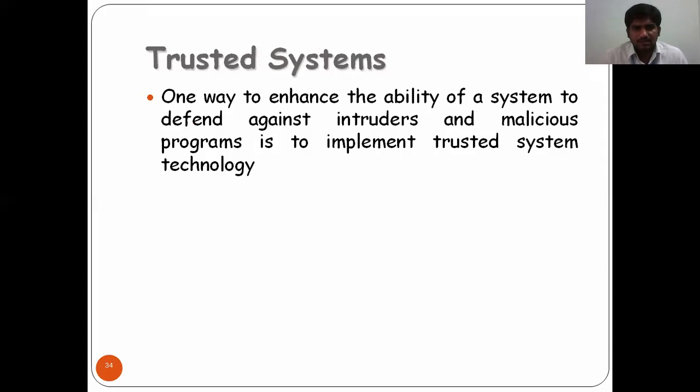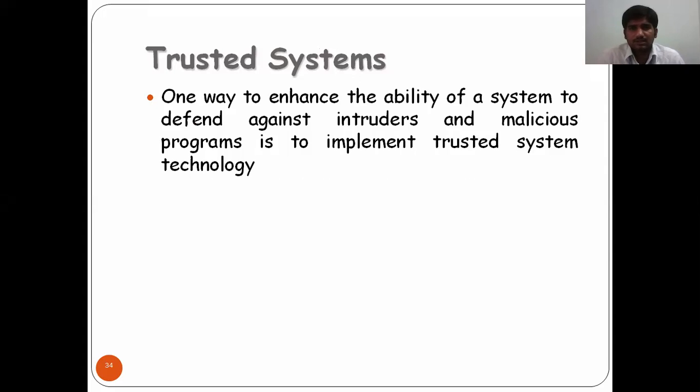Then another concept is how we can confirm that a system is a trusted system. Can I access the data from any one system? How do I confirm whether a particular system is a trusted system or not?